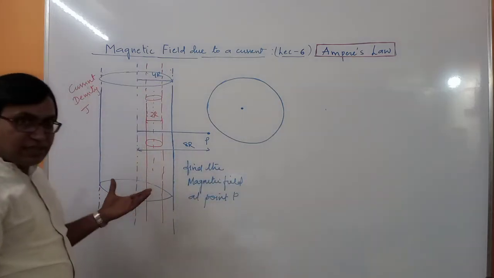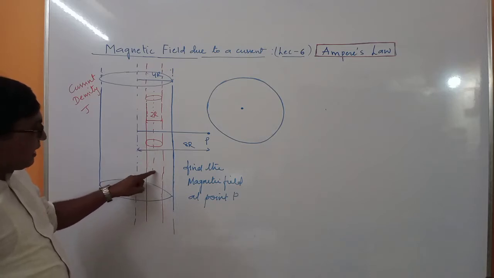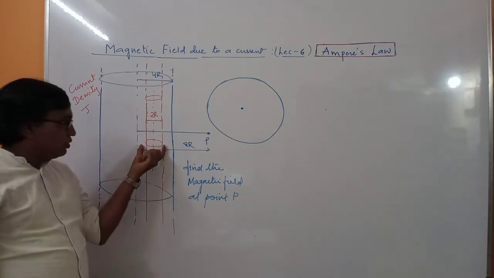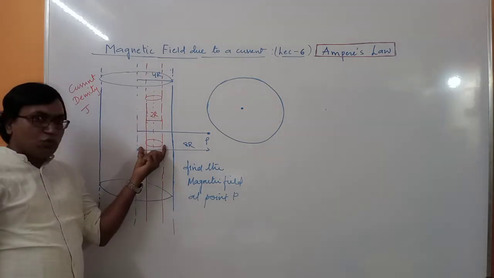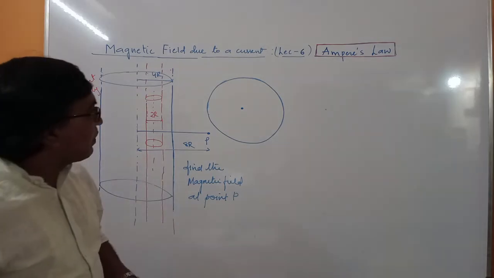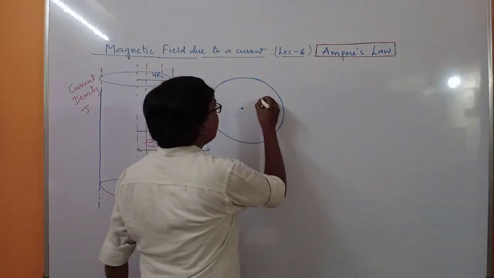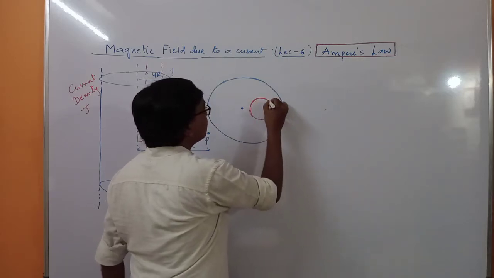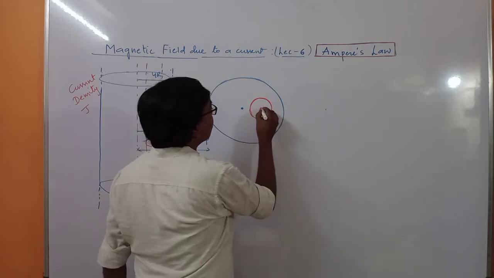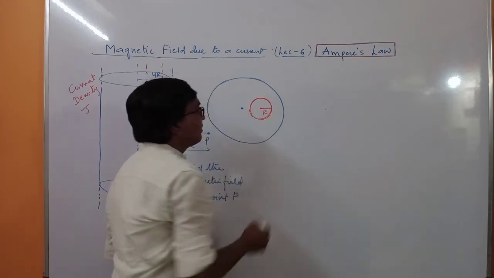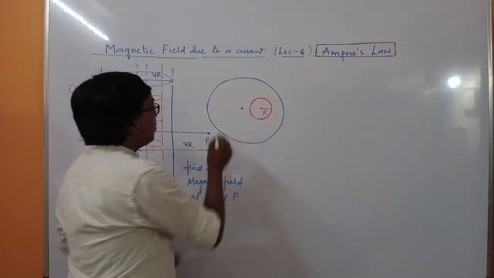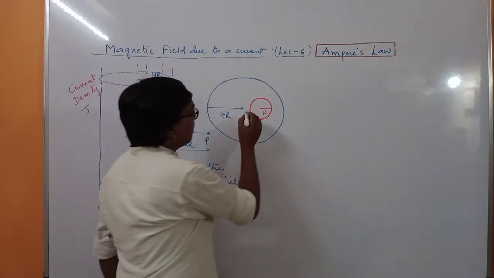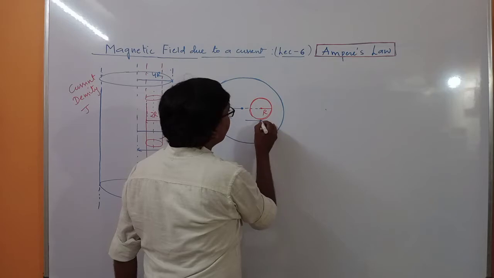And when you see this cross section, you will find a cavity of circular radius r. This is 2r, so the radius will be r. So here we have a cavity whose radius is r. This radius is 4r, then this distance will be 2r.